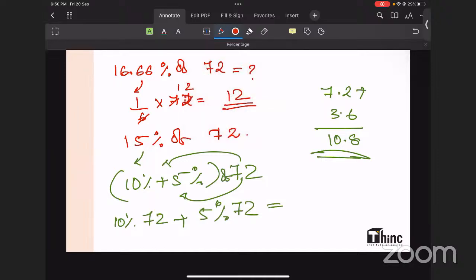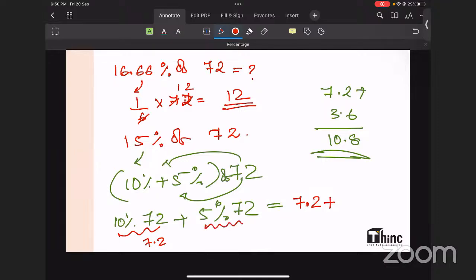That is 10 by 100 into 72, that is simply 7.2. Just take the decimal to the left. That is very much enough.